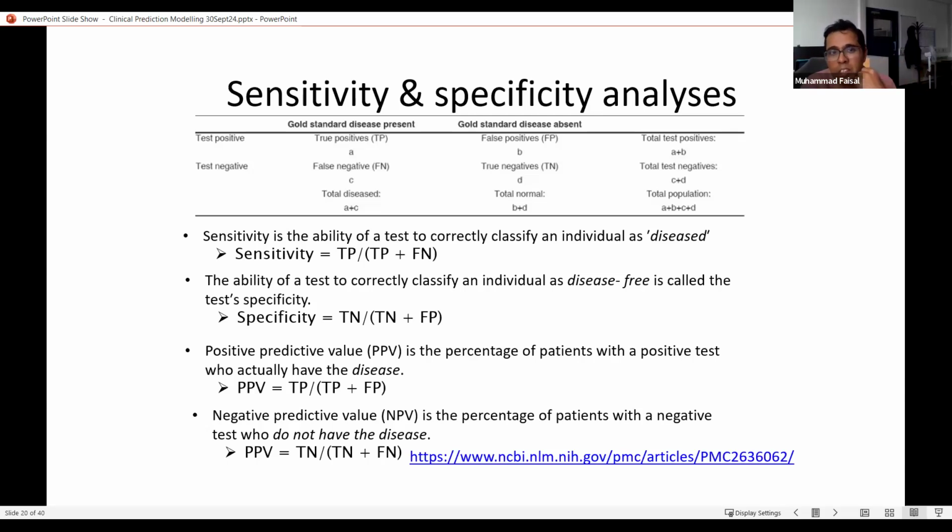So that means the model is performing well. If the model is not performing well, then the sensitivity will be really low. The range of sensitivity is 0 to 1, specificity is 0 to 1. So we're looking for something with as high sensitivity and high specificity as we can.